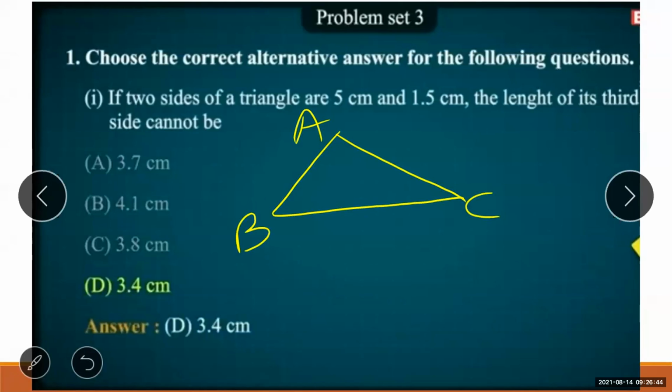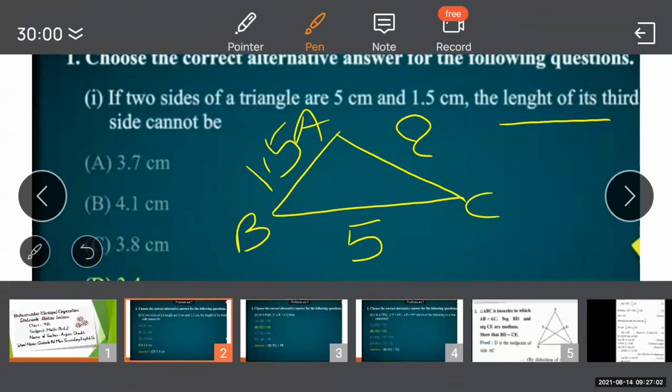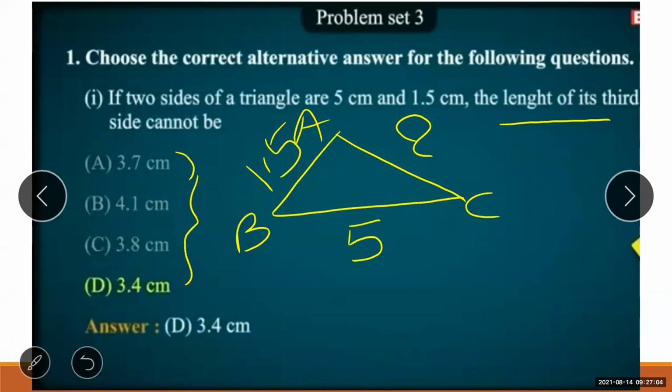One is 5 and another is 1.5. We have to find the length of the third side. The 4 options are given here, and out of those 4 options, we have to find out which option is not correct.